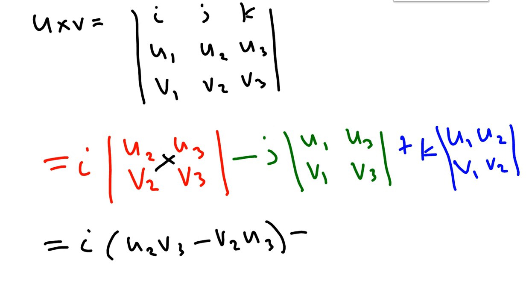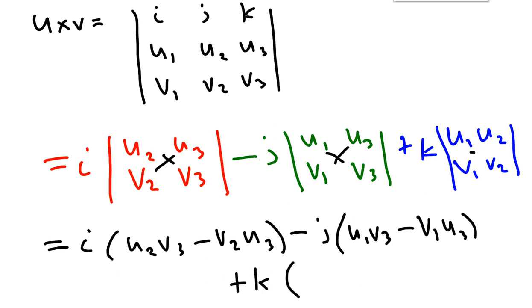And then you do minus j times, so you have u1, v3 minus v1, u3. And finally, you have plus k times u1, v2 minus v1, u2.